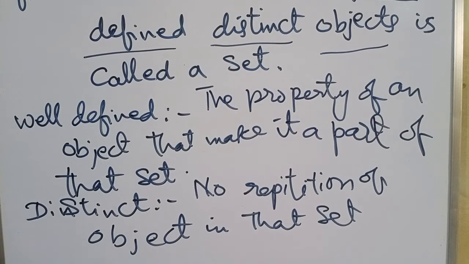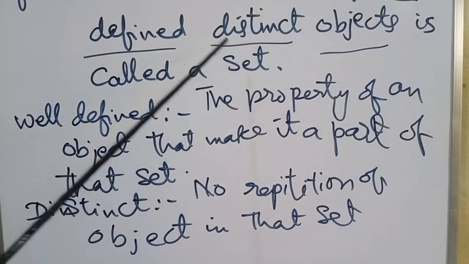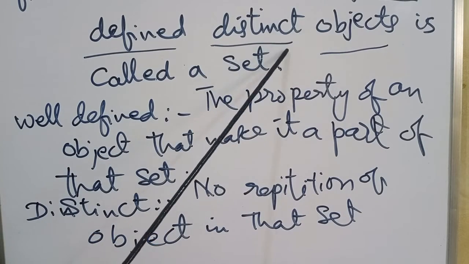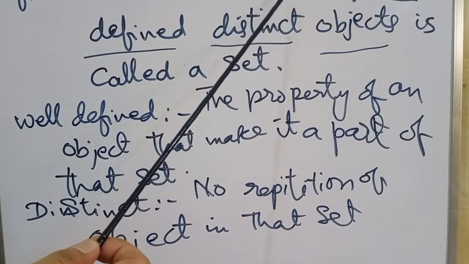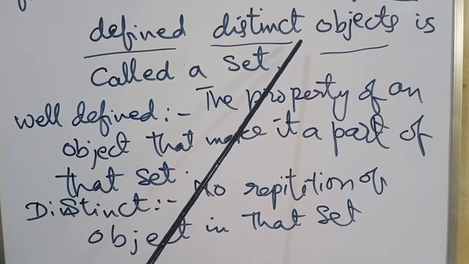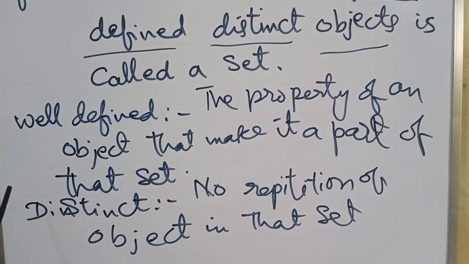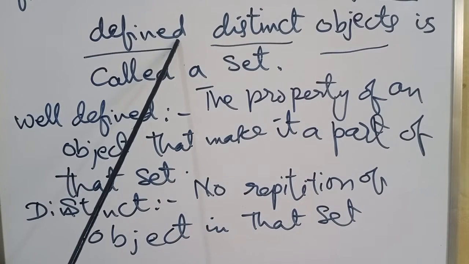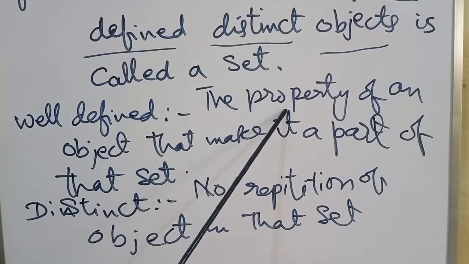But in mathematics, I want to tell you that the collection of well defined distinct objects means the collection of well defined distinct numbers, because mathematics deals with numbers and these numbers have the same properties and have no repetition.